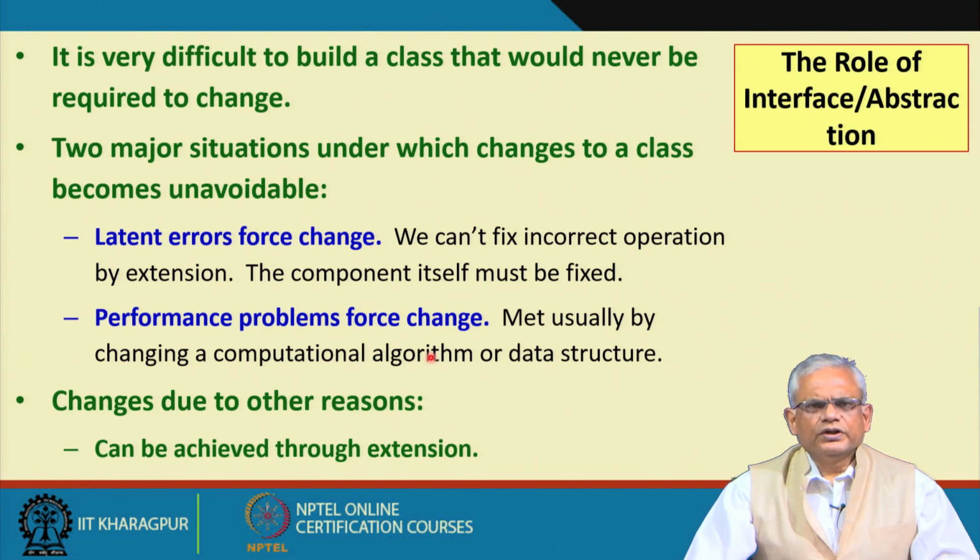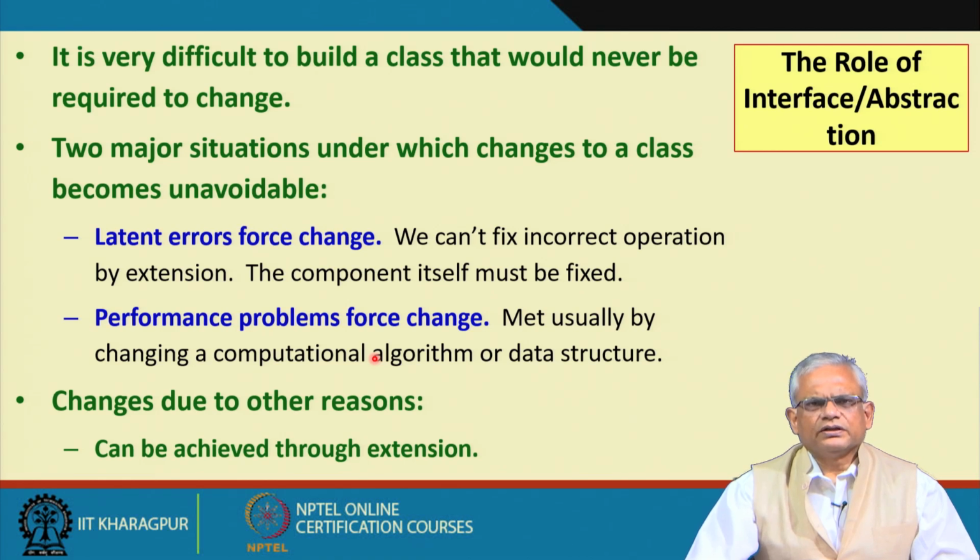The statement of the open closed principle is that once a class is working, it is closed to change. But then to really think of it, a class needs to change mainly on account of two things. One is that if suddenly we find that there is a problem in the class, we would have to change it, and also we might find that the performance it was giving at a later point of time is not satisfactory.